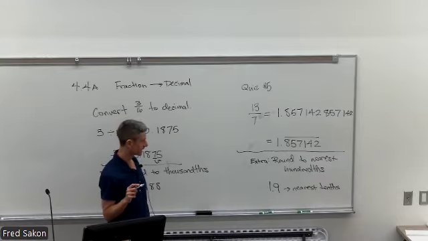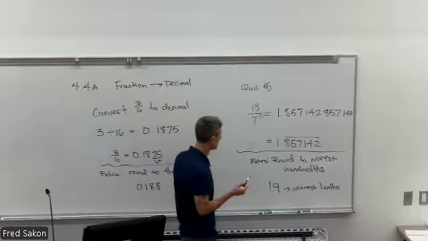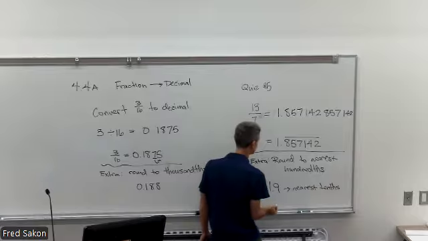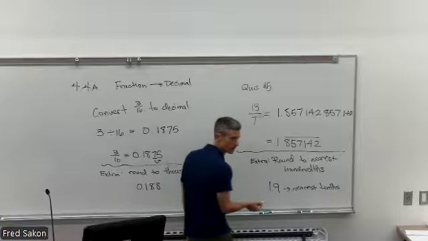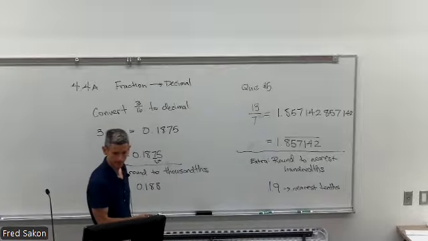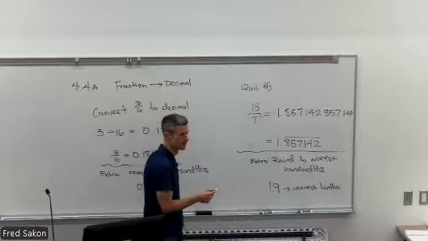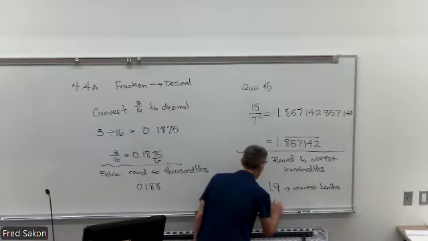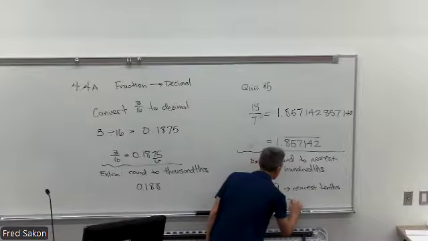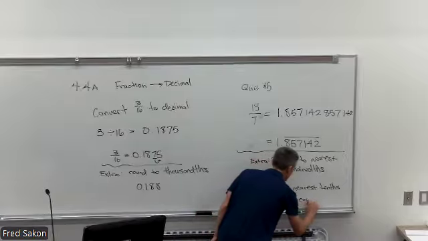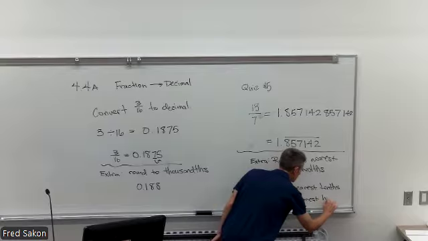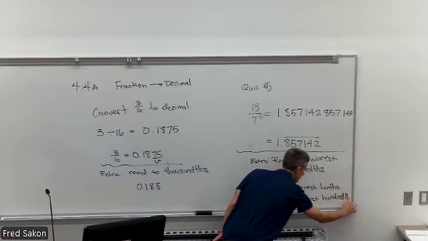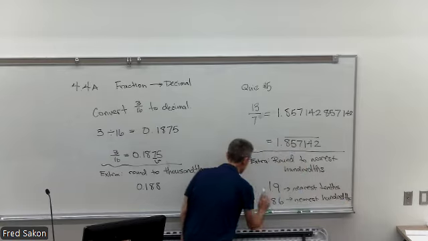What if I'm asking for nearest hundredths? 1.86. That is the hundredth place going out two decimal places. That is the nearest hundredth.